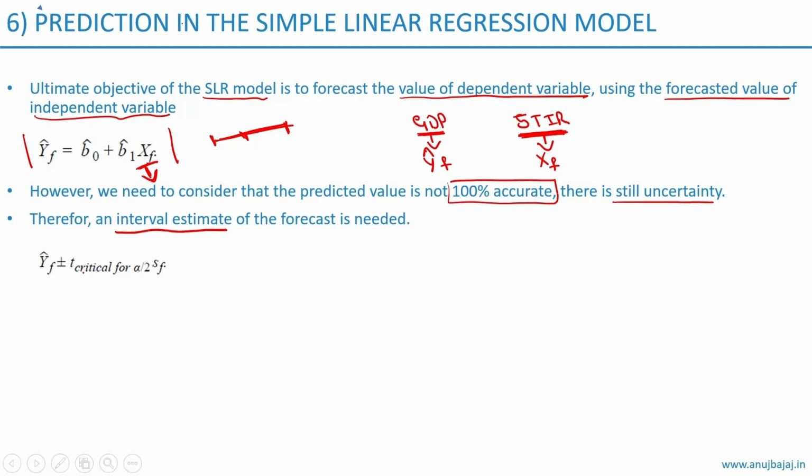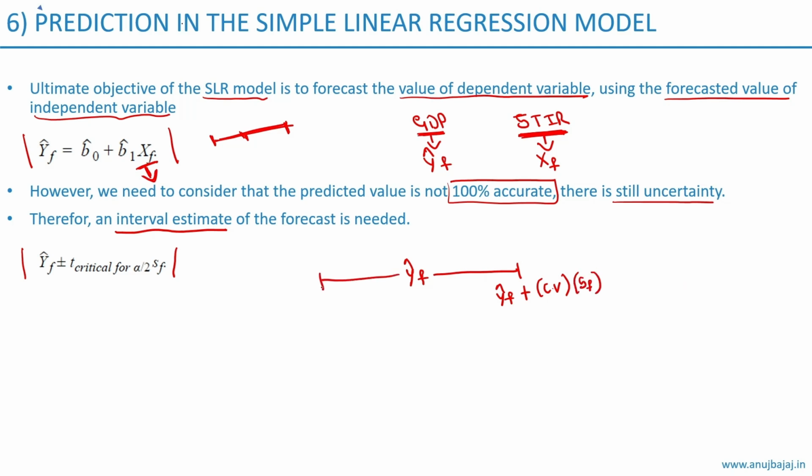And this is the formula to construct the interval estimate. So suppose this is the forecasted value of the dependent variable. The upper side of the interval will be the forecasted value plus the critical value at a particular level of significance and against a particular degree of freedom multiplied by the standard error of forecast.